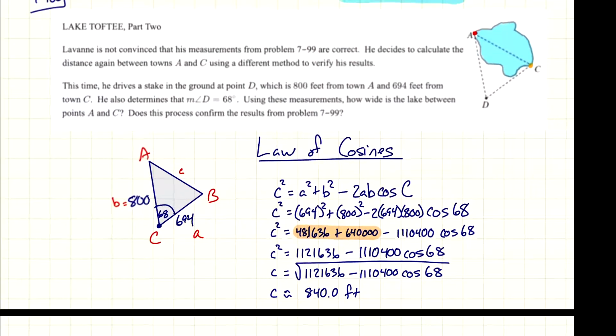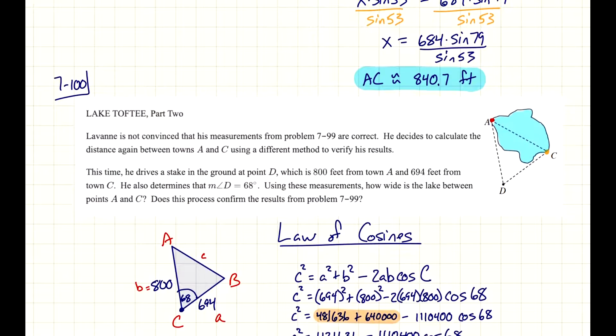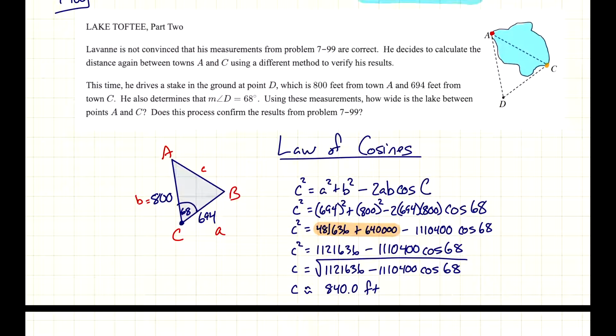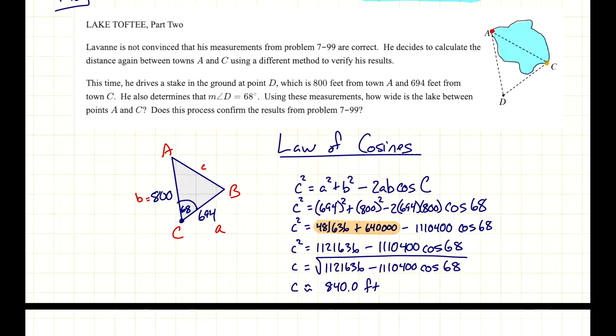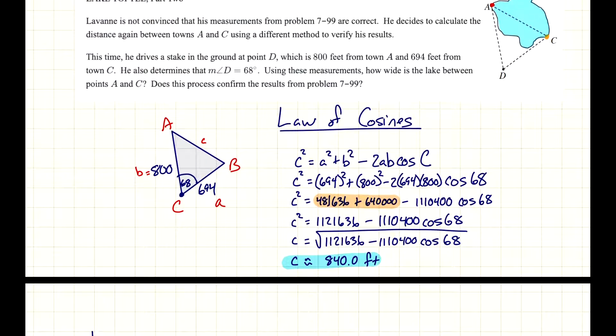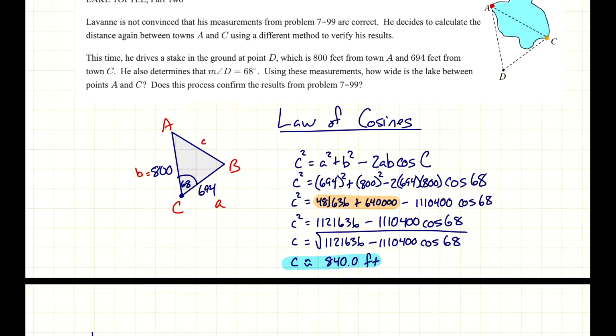Yeah, I think so. So the last time we had 840.7 feet. Now we got 840.0 feet. So 0.7 feet off. It gives us a pretty good idea of the measurement. So if this was the case, probably someone else would do some other measurements.